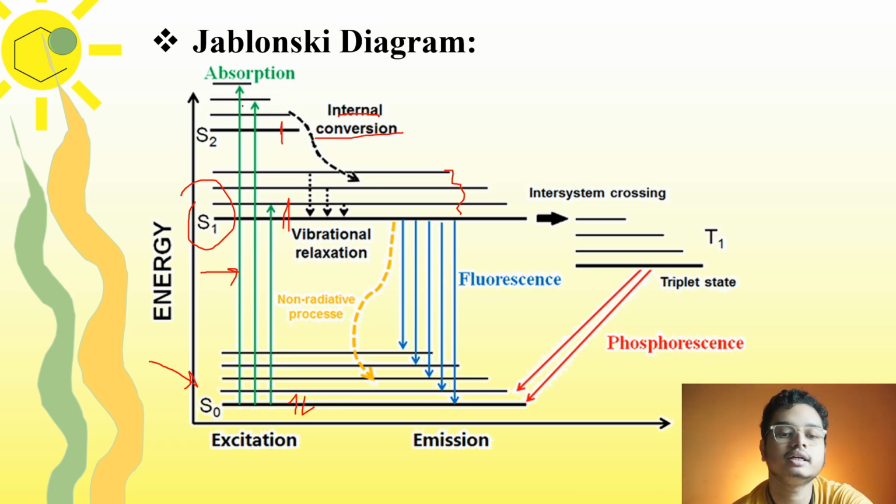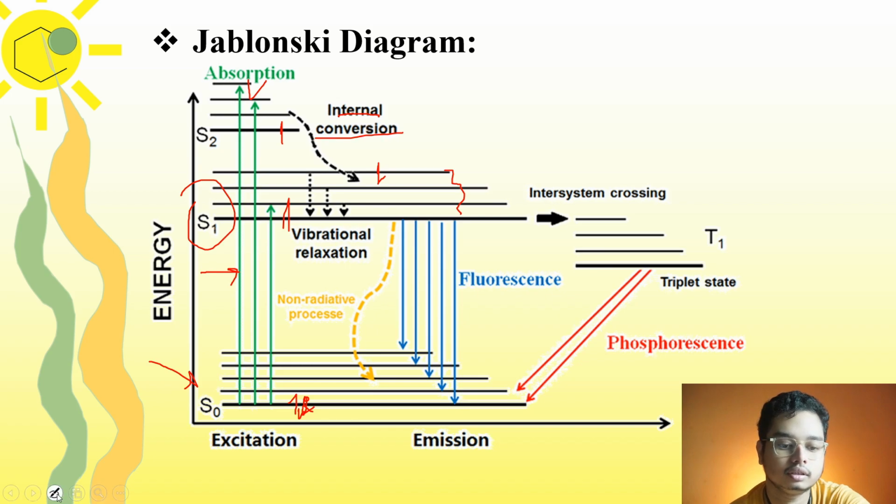Whenever it goes to the S2 state, let us imagine one electron is there and one electron is there. I simply cut this one. So now, after some kind of relaxation takes place, it shows internal conversion to bring it back to the S1 state.